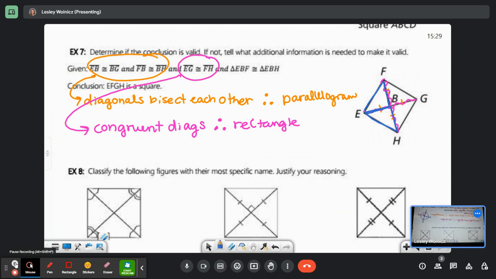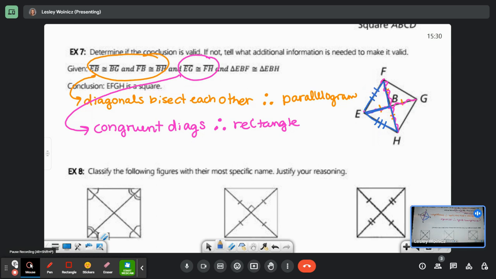Do you want to use the sides or these little angles? Sides? Okay, it's probably the easiest to see. So what do we know about these two sides if these two triangles are congruent? They are congruent.